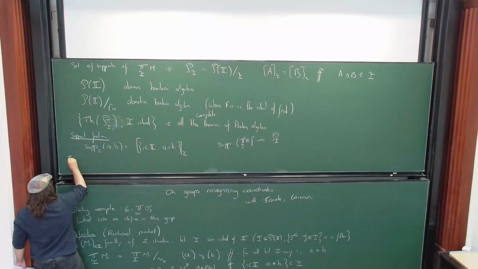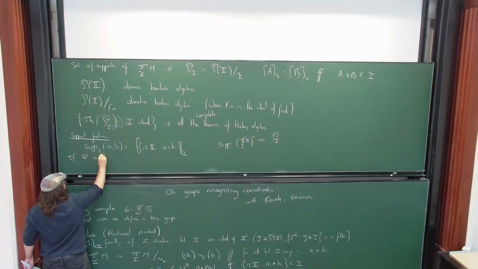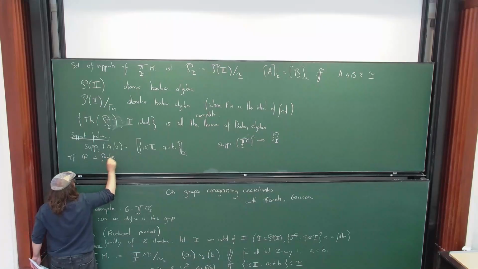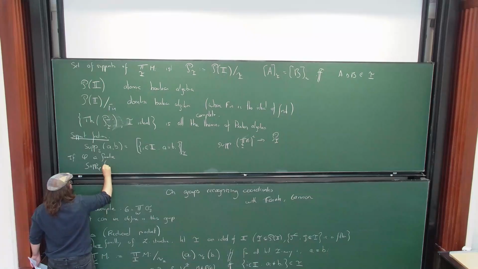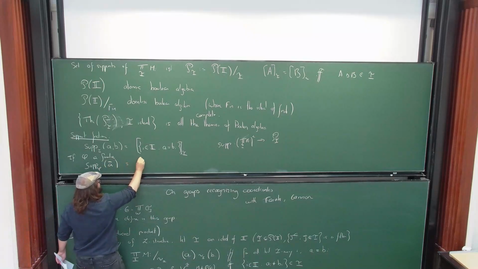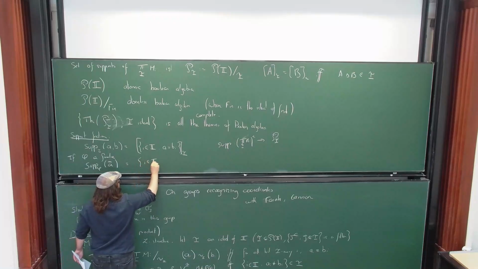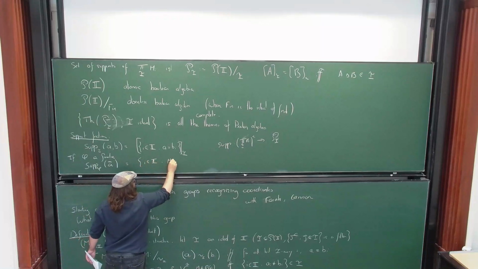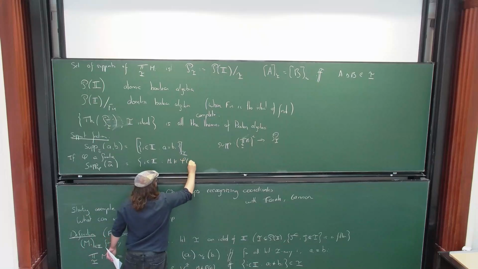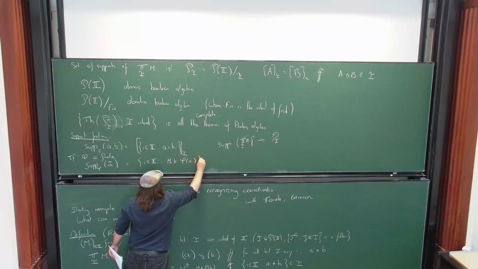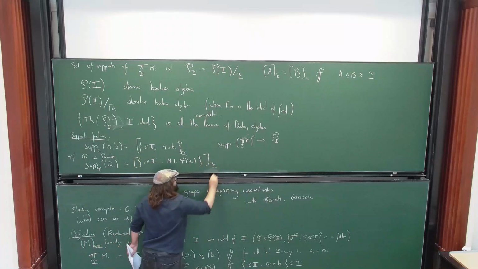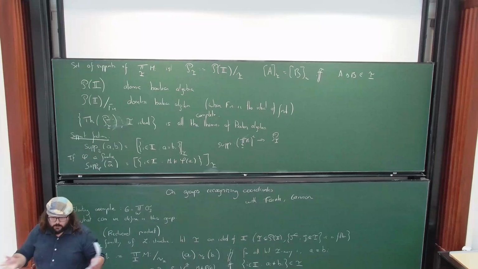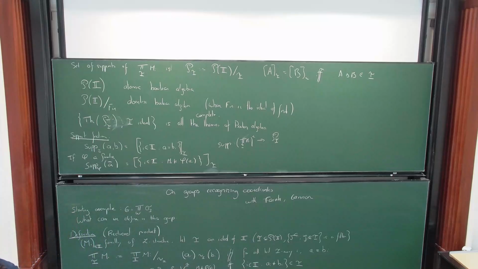If phi is a formula, then I define sup phi of a tuple A to be equal to the set of indices in I such that M_i satisfies phi of A. And this is the class modulo I. So I hope it's clear. It just means it's the set of indices where formula phi is true.